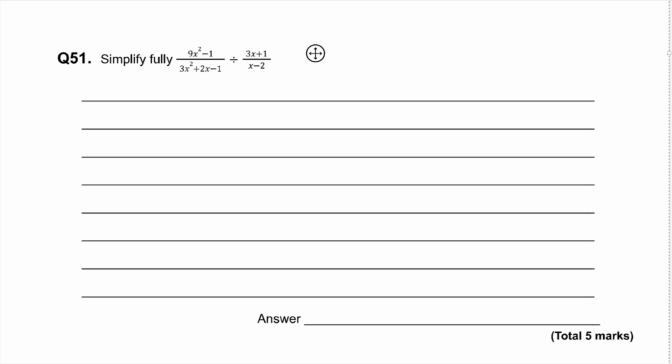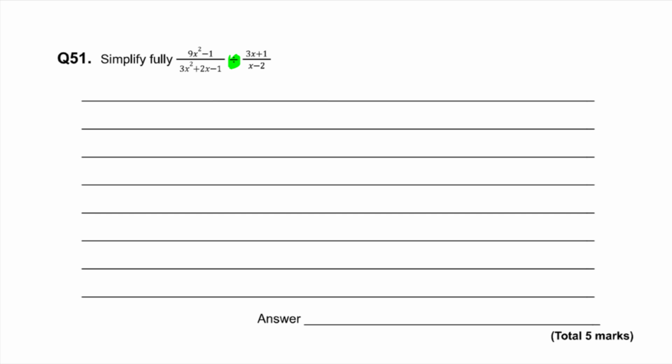Question 51. Again, I've got a difference of two squares on the top. I've got a quadratic underneath, and I've got two factors, top and bottom, in the second fraction. This time, though, I've got a divide. But I can keep change flip on this, can't I? KCF. Keep the first fraction the same, change the divide to a times, and flip the second one over. Okay?